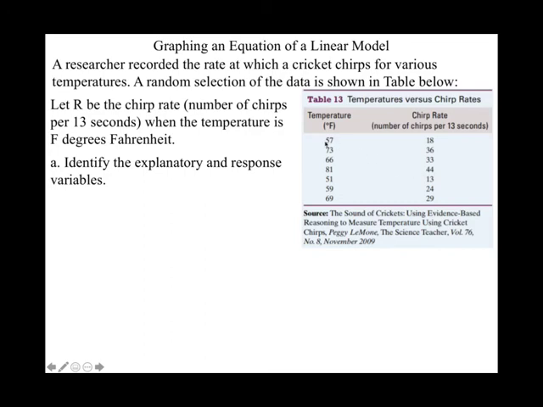When you have a lower temperature like 57 Fahrenheit, then the trap weight is only like 18. So the trap weight here depends on the temperature. So the temperature here will be your explanatory variable, and the trap weight here will be your response variable. It all depends on the temperature.